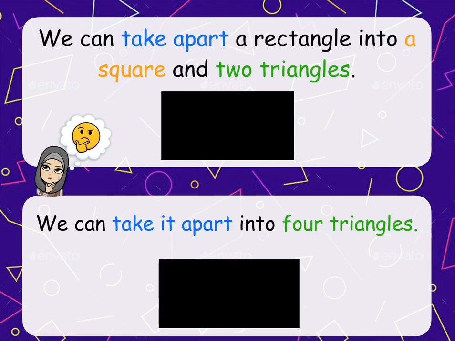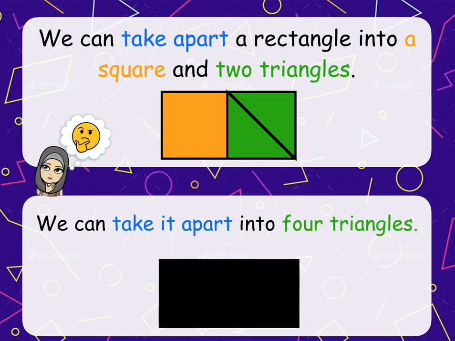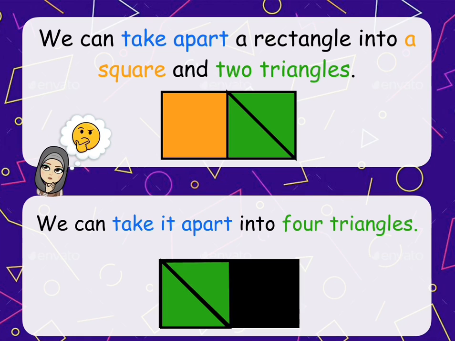Let's look at these examples. We can take apart a rectangle into a square and two triangles. We can take it apart into 4 triangles.